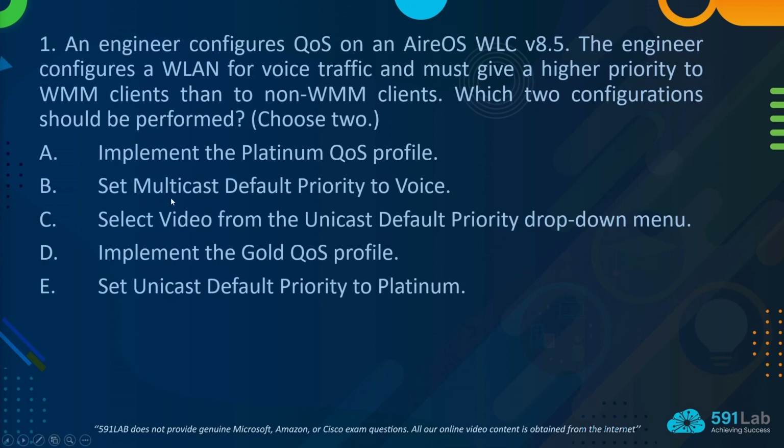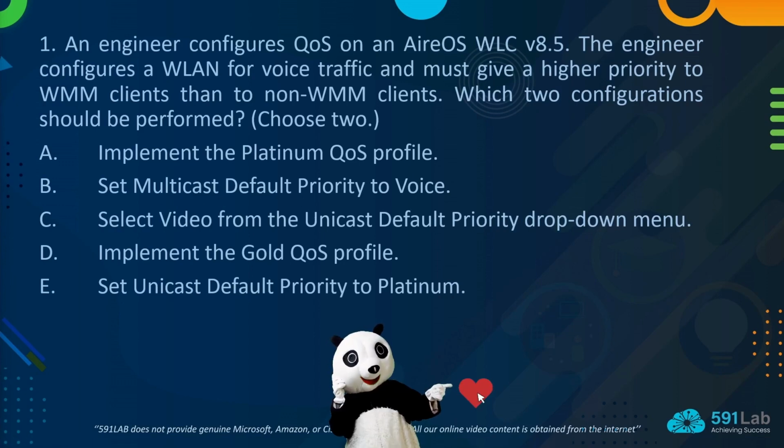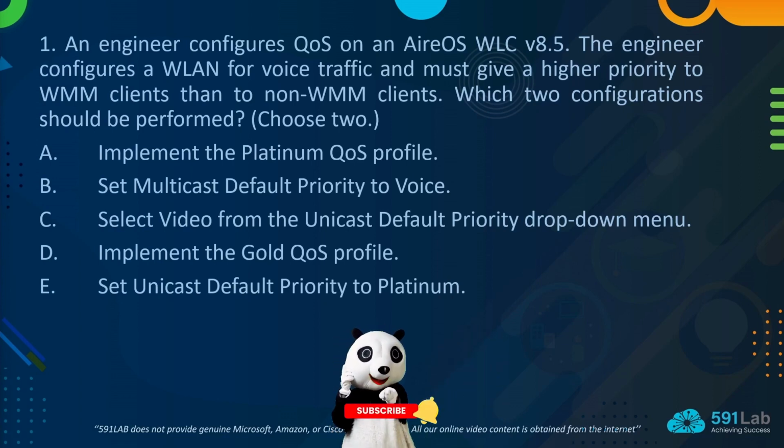But with multicast, if we are going to send the same data, video, or phone call to multiple devices, instead of the client having to send it multiple times and duplicating it to, let's say, 10 clients, it's going to be a lot of overhead on the client and on the network if I duplicate the traffic 10 times.